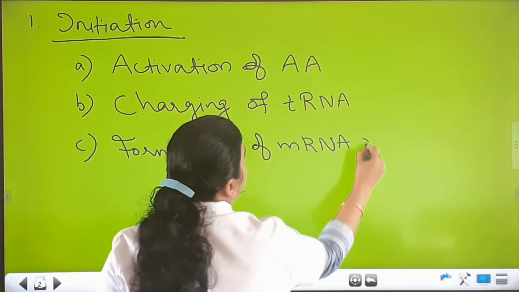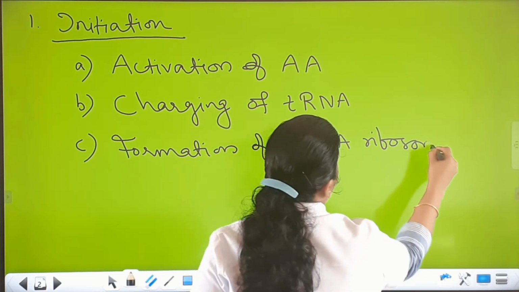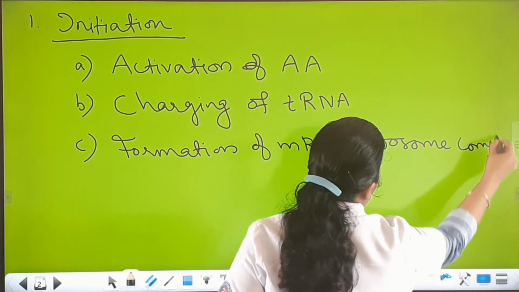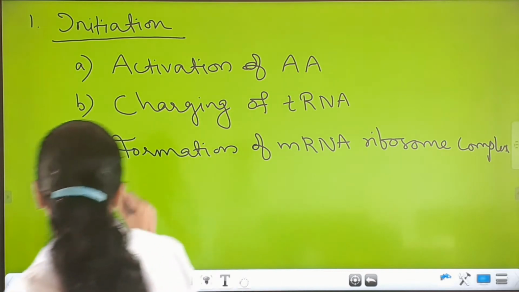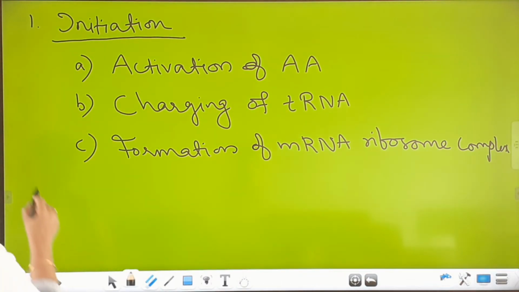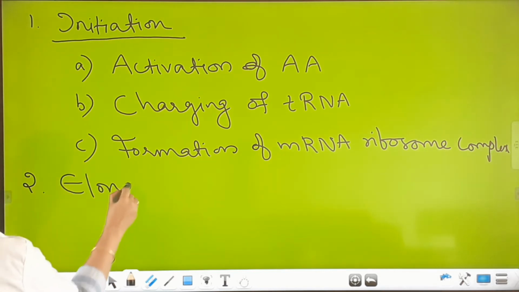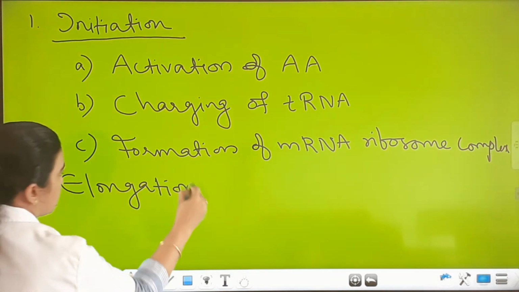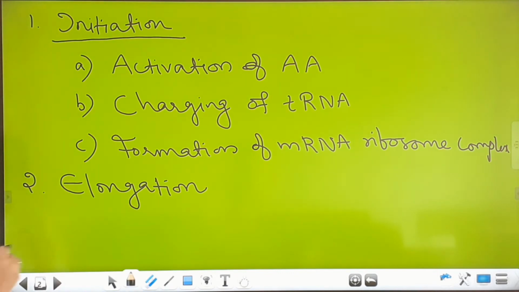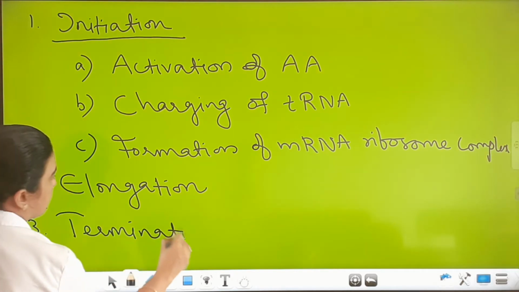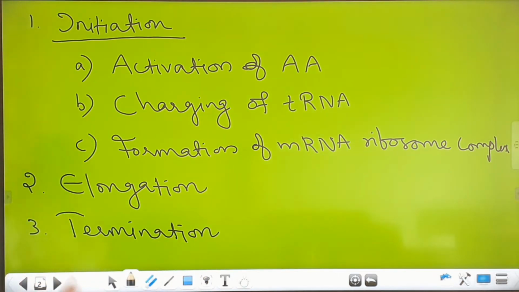mRNA ribosome complex. The mRNA ribosome complex is formed here. And the second step in the translation process is, as usual, elongation, extension of the peptide chain, the polypeptide chain. And the third one is the termination process, ending of translation.